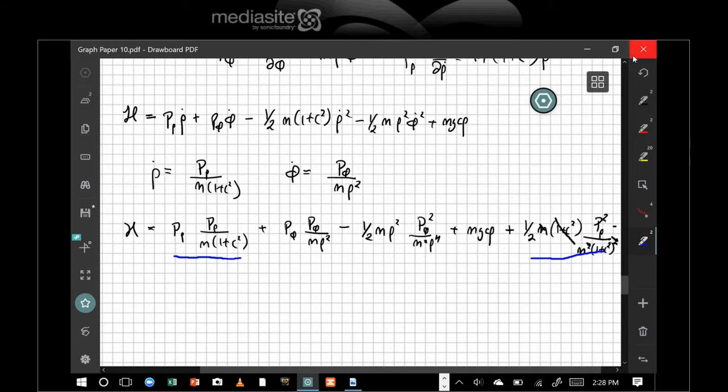And by the way, I made another mistake from before. This is a minus sign from there. Okay, so what that gives me from adding those two terms up is P sub rho quantity squared over m times 1 plus c squared quantity, like that. Okay.